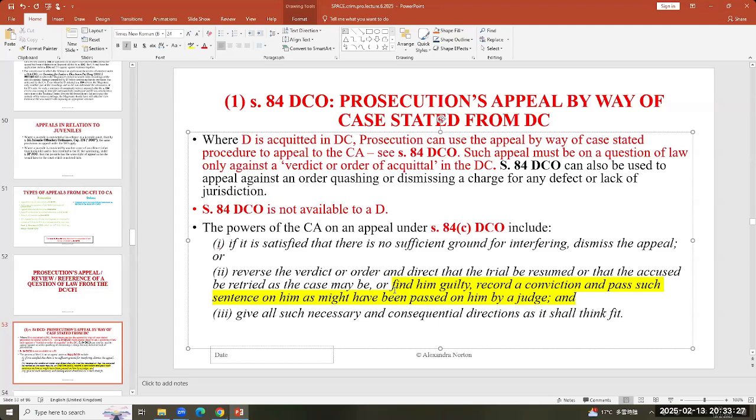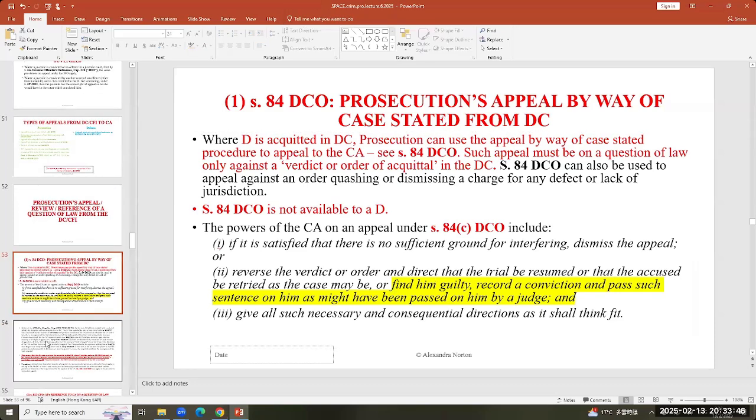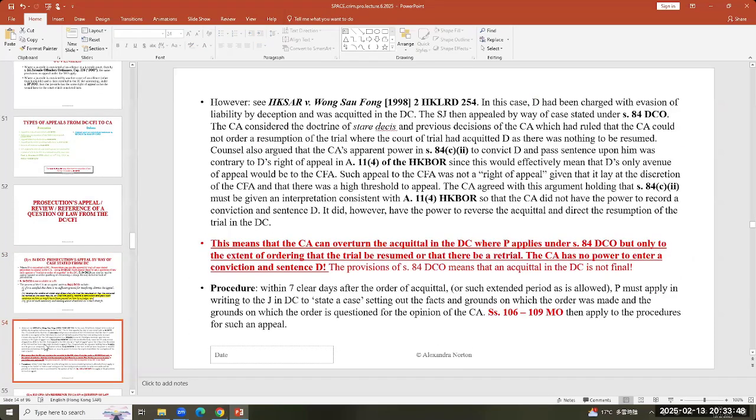If we were just to rely on the statutory provision alone, we would think that the Court of Appeal could overturn the acquittal and convict the defendant. That is not the case. So this is a good example of where case law has intervened to find a statutory provision as being unconstitutional.